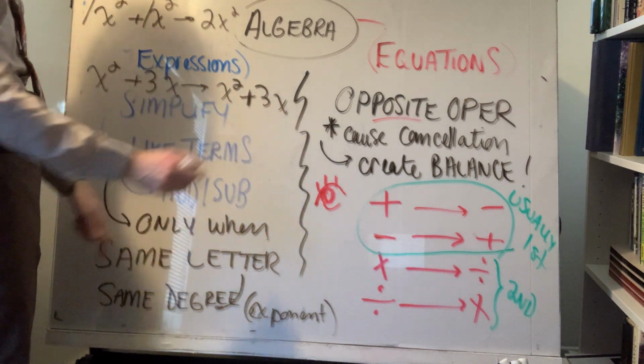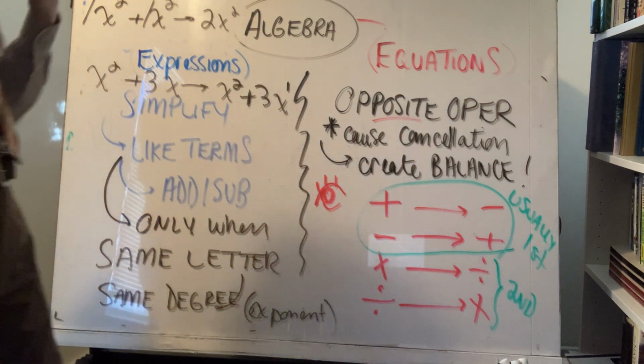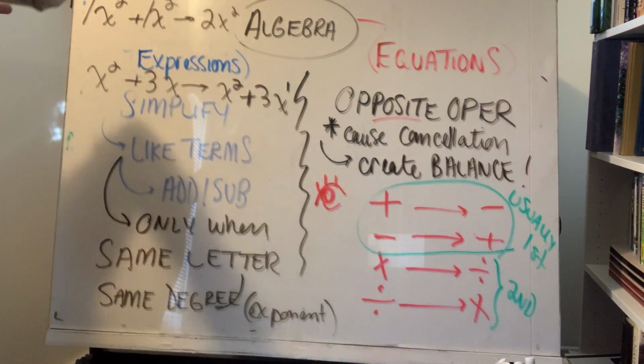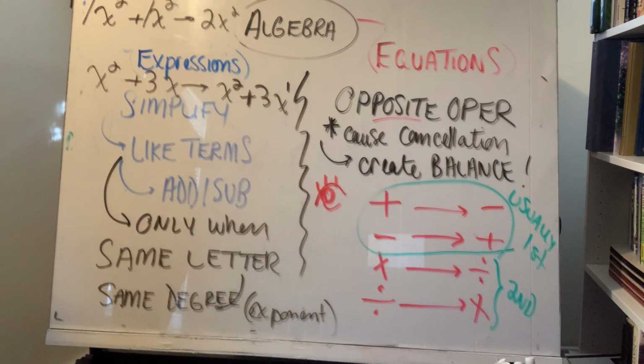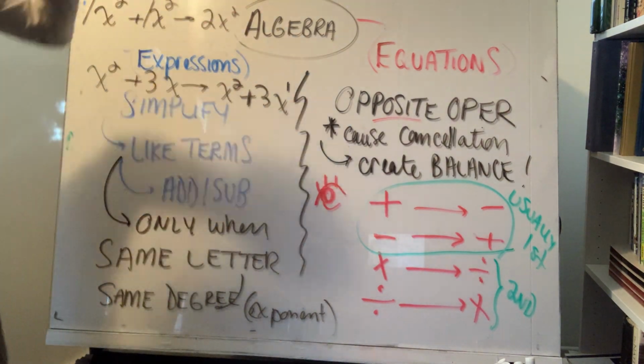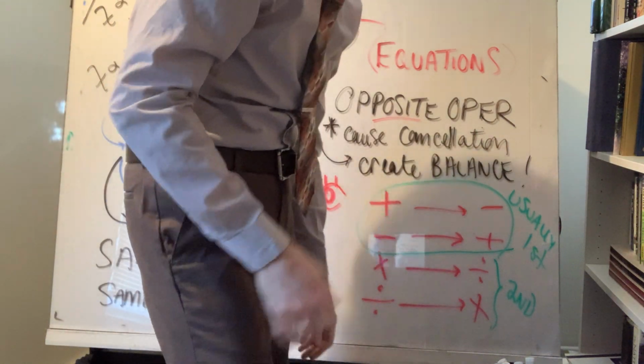Yes, they're both x's, but that is a 1 for the exponent. Finally, let's do some examples.